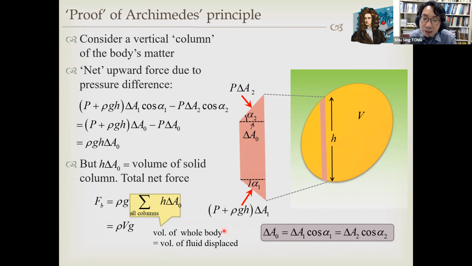Okay, and in this case, because I assume the object to be totally immersed, the volume of the whole body is just the same as the volume of liquid displaced. Okay, and so I get the force as rho Vg. So I proved the Archimedes principle. Okay.